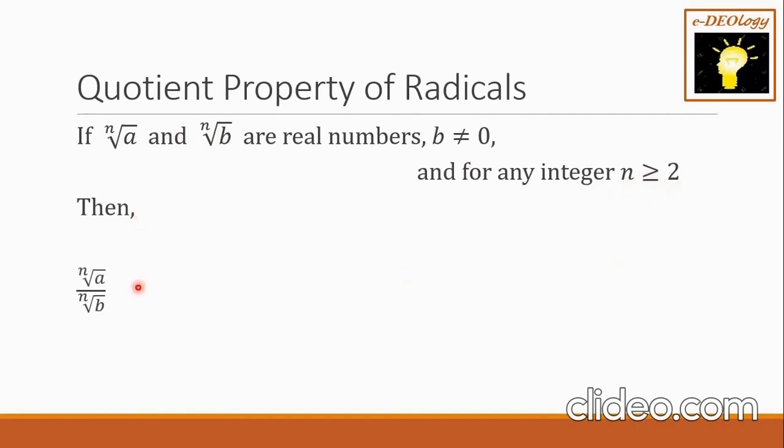Then, if we're going to divide the nth root of A by the nth root of B, the answer will be a big radical here with index n. Inside the radical is a fraction with numerator A and denominator B. So this is the quotient property of radicals.